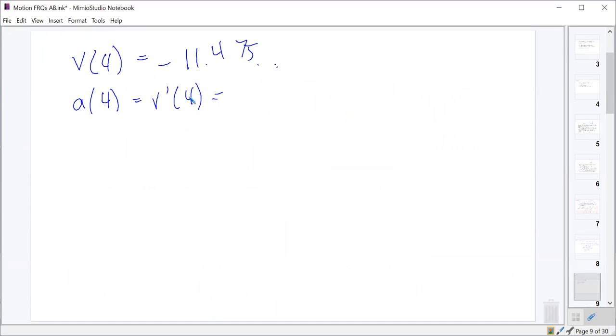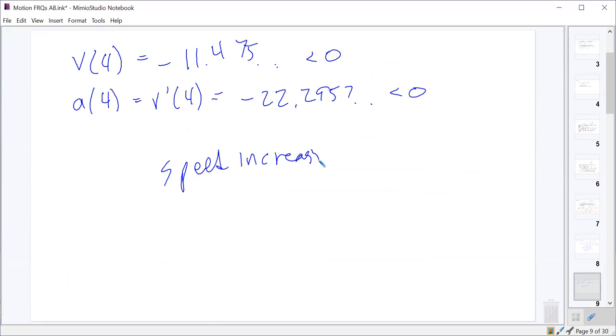That came out to be negative 22.29 something or another. And so you'd note that this is less than 0 and this is less than 0. And you'd say speed is increasing. And you would want to note because a of 4 and v of 4 have the same sign.